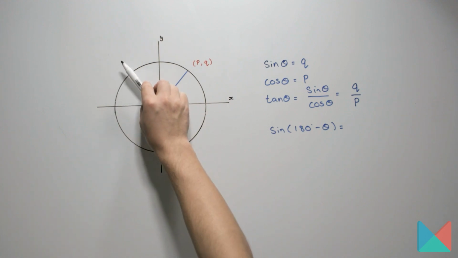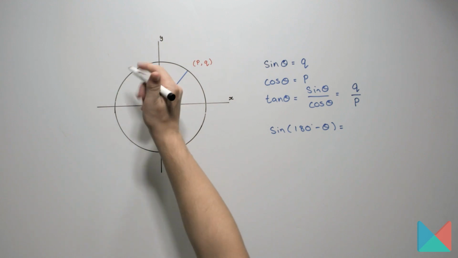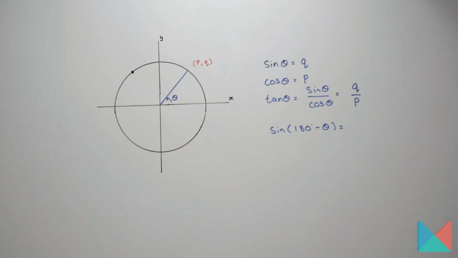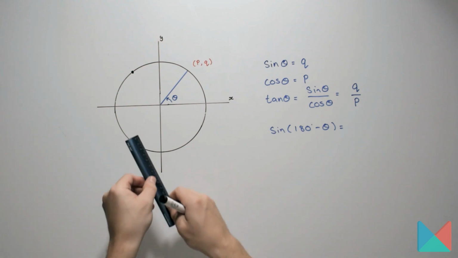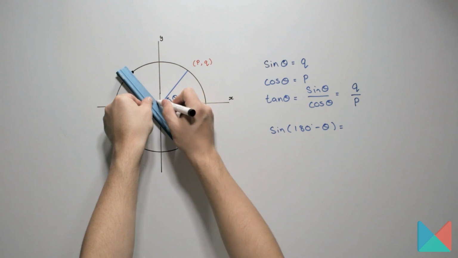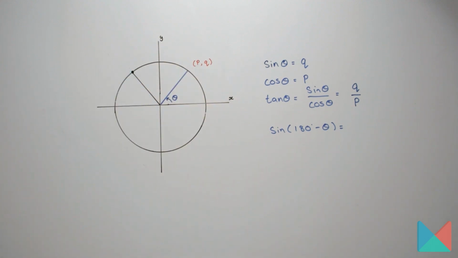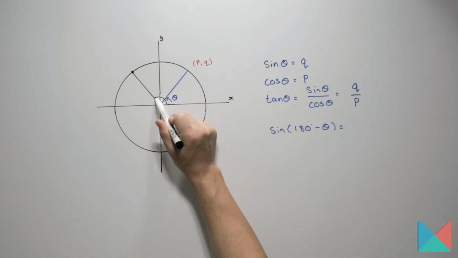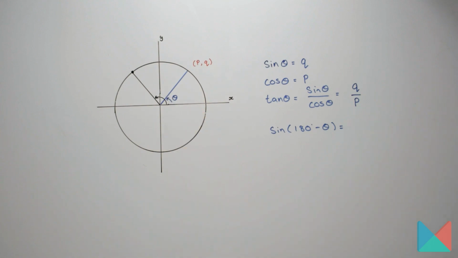So theta is going to be about there. So the coordinate at that angle is going to be about here. And if we draw in our angle line, we have our angle of 180 degrees take theta. Remember, starting on the positive x-axis, so this angle here will be 180 take theta.